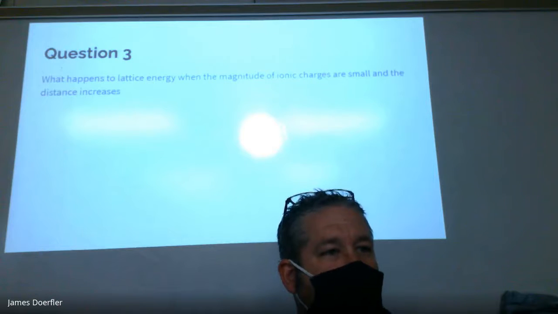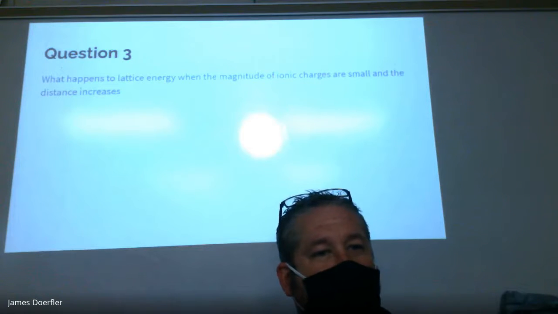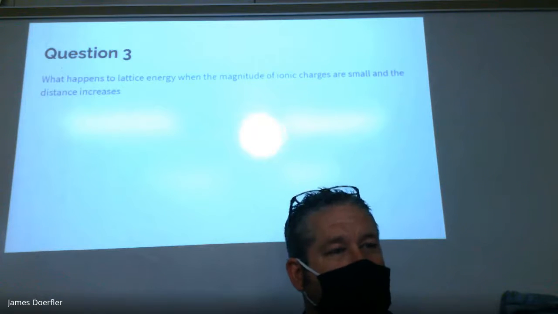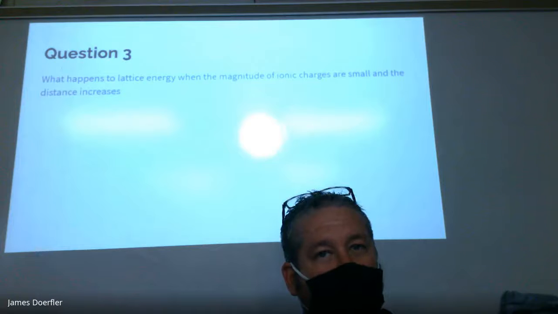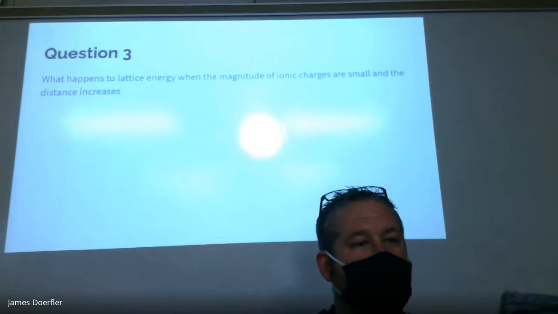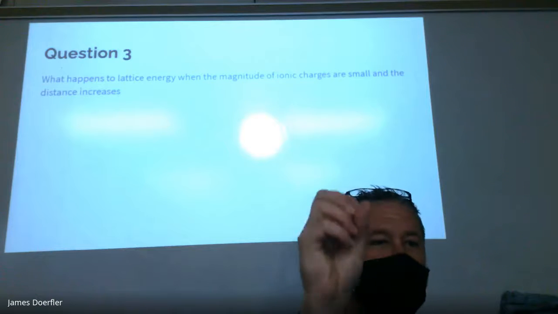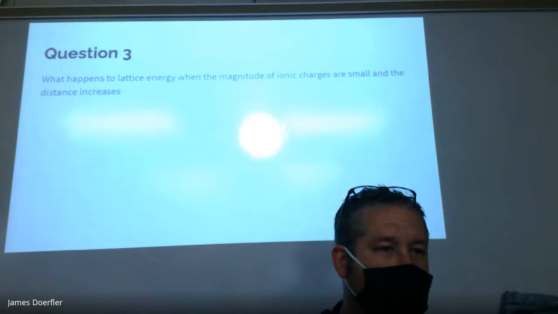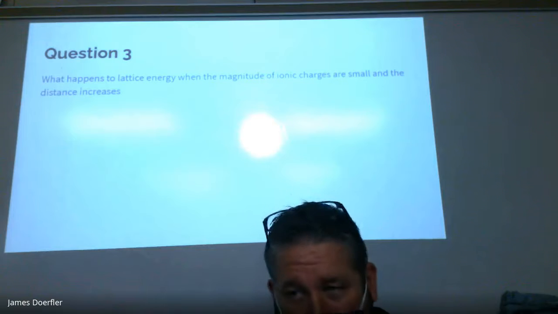Question 3. What happens to lattice energy when the magnitude of ionic charges is small and the distance increases? It goes back to that formula where we had K multiplied by Q1 times Q2 divided by distance. Now, we didn't actually calculate this.